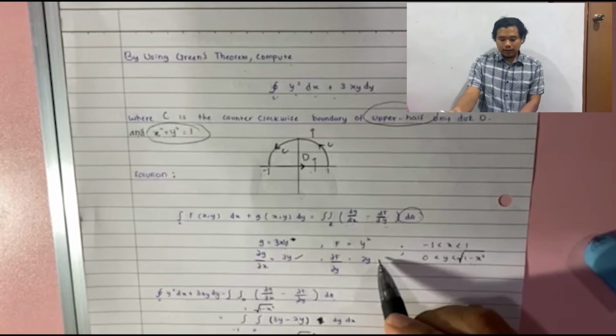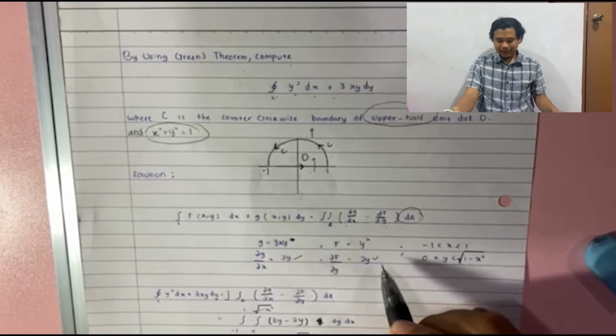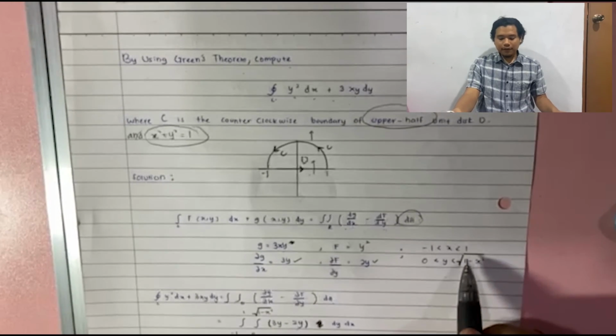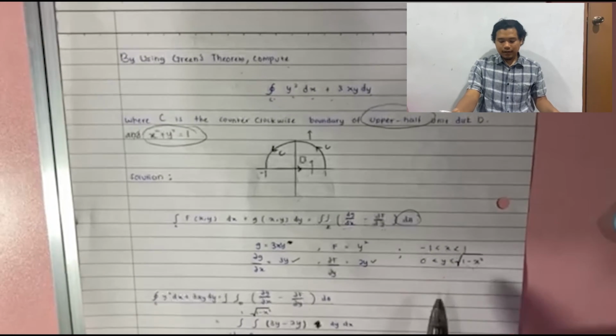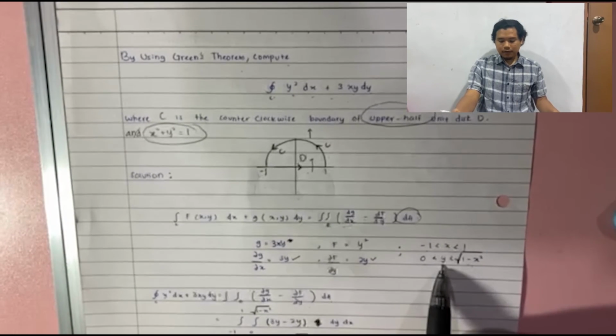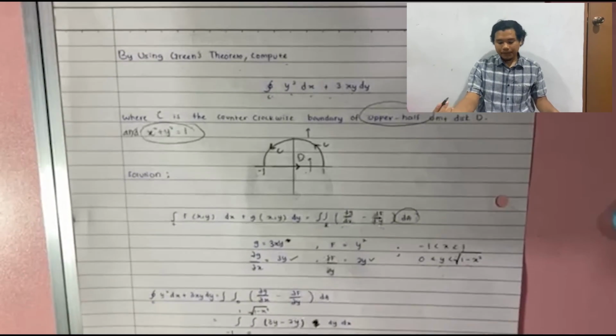For f, differentiate with respect to y and get 2y. The limit for x is from negative 1 to 1, and the limit for y is 0 to square root of 1 minus x squared.